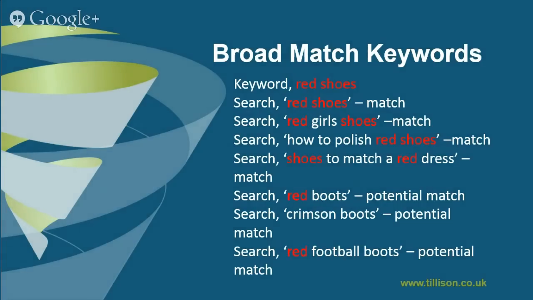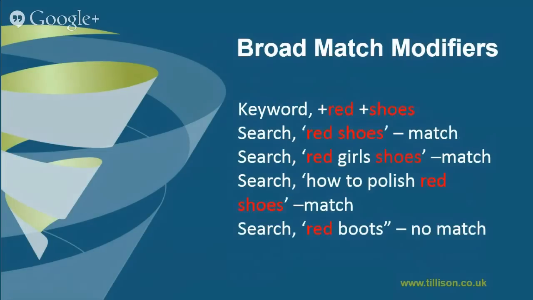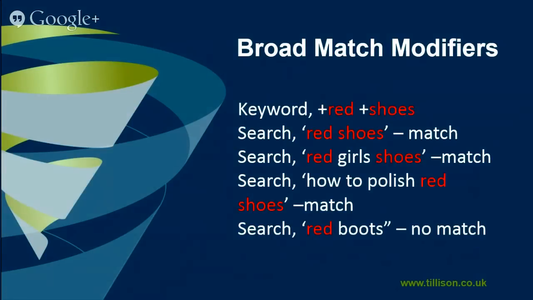Okay, so let's move on to the next match type then. The next match type is what's called a broad match modifier. This works pretty much exactly the same as the broad match, but what you do is you put a little plus sign in front of each word. So you'd have plus red and plus shoes.